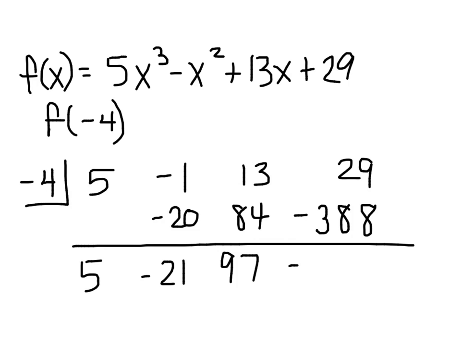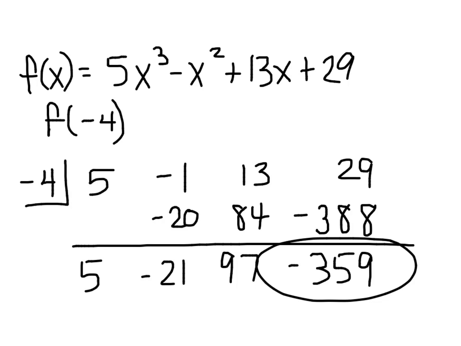Did I multiply that right? 4 times 7 is 28, carry the 2, and then 4 times 9 is 36, plus 2 is 38. So I've got this right so far. 29 minus 388, negative. That's what I want. Then you got that, and you typed it in with the calculator, and I got negative 359 here too. Awesome.